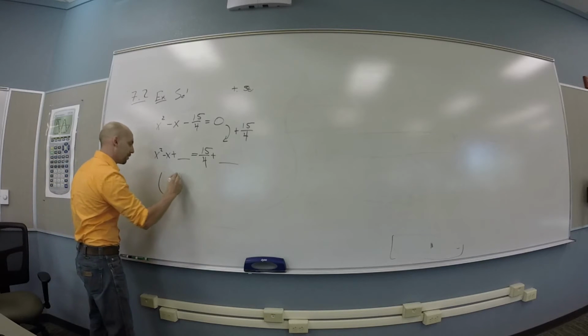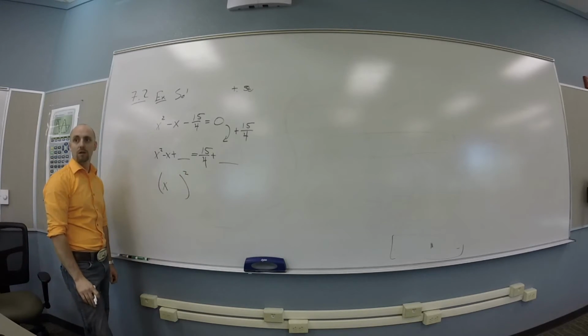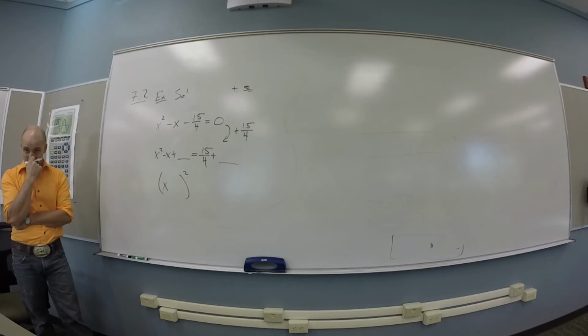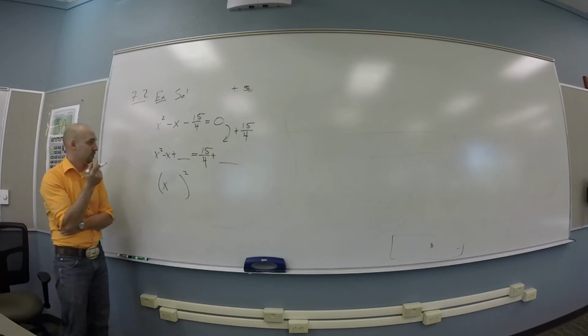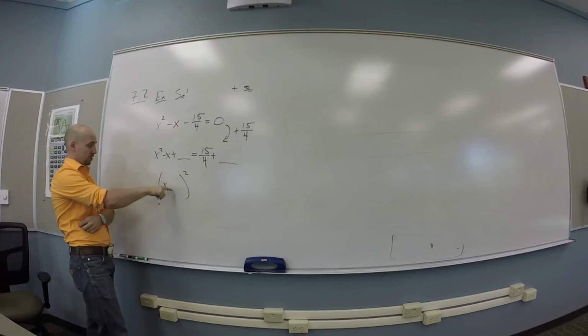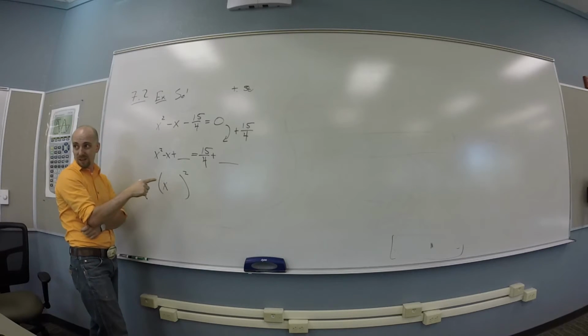Okay, so I should now think about this as x plus something, squared, right? Okay, how do I get the something? You divide by 2 and then multiply by itself. Divide the coefficient by 2, right? So what's the coefficient on x? Negative 1. So I put in here, is it negative 1 over 2?